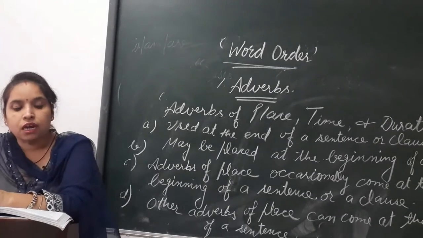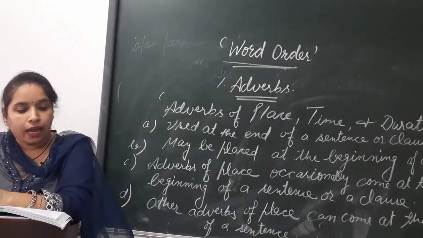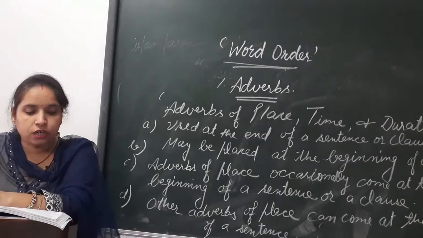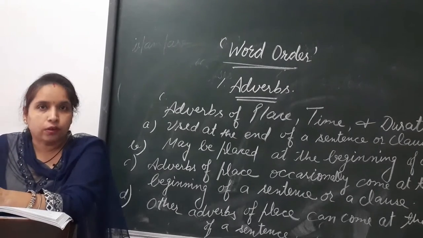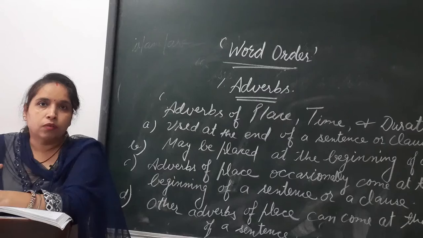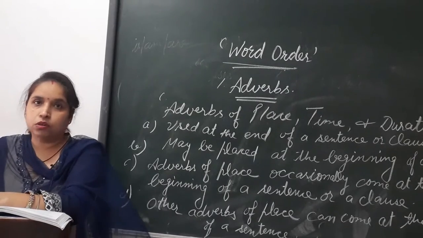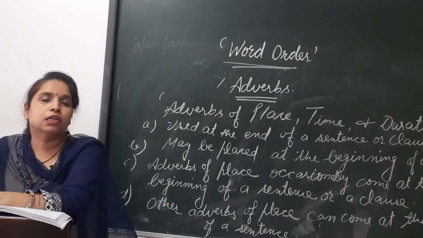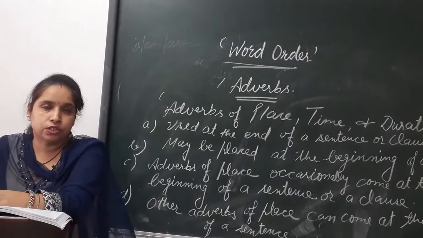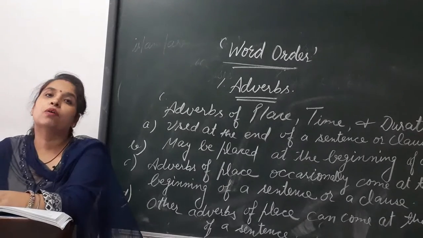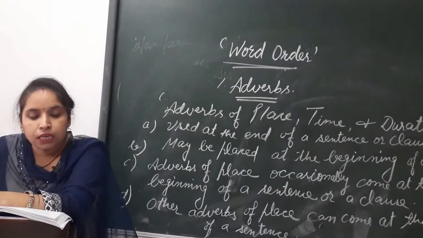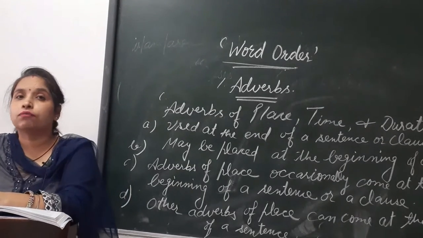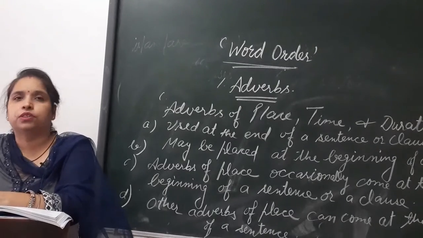Then they are placed after the subject in questions. Have you ever been to America? Here the subject you is in question form, in interrogatives. In interrogatives, your adverb will come after the subject, because the auxiliary has gone first. Usually what we do is it comes after the auxiliary verb. But if it is interrogative, then it will come after the subject. Have you ever been? Do they often come to see you? It will not come here after the auxiliary, it will come after the subject in interrogatives.